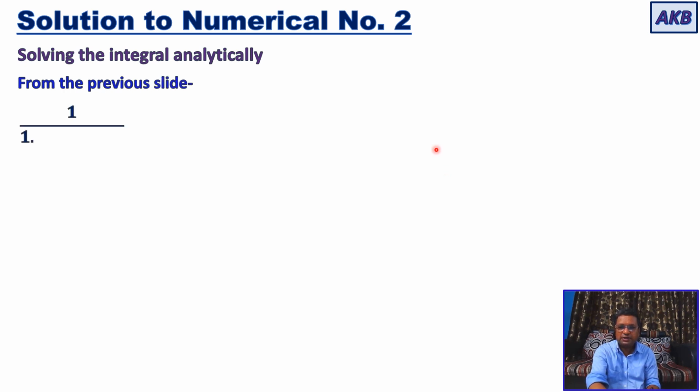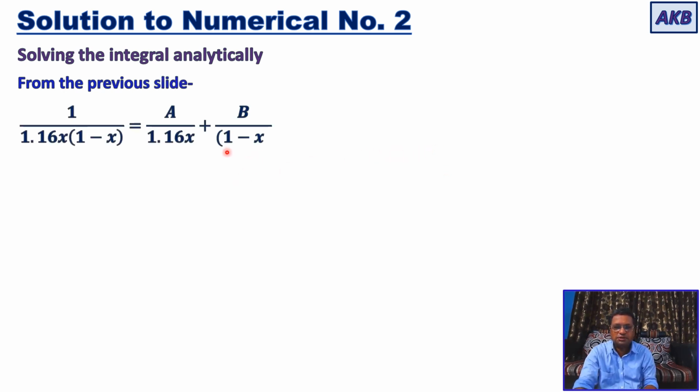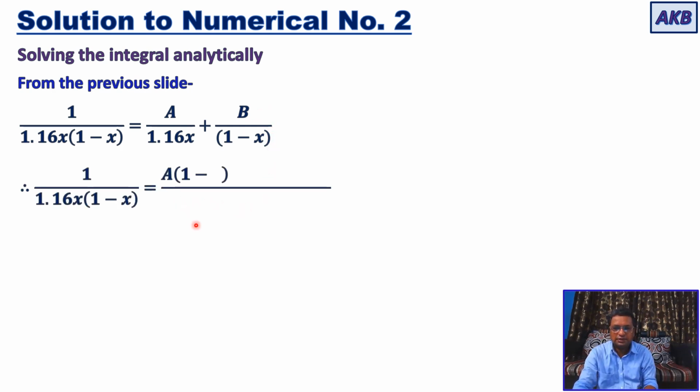From the previous slide, we had two parts: 1 upon 1.16x into 1 minus x is equal to a upon 1.16x plus b upon 1 minus x. So I will simplify the right hand side. That is 1 upon 1.16x into 1 minus x is equal to a into 1 minus x plus b into 1.16x, divided by 1.16x into 1 minus x.